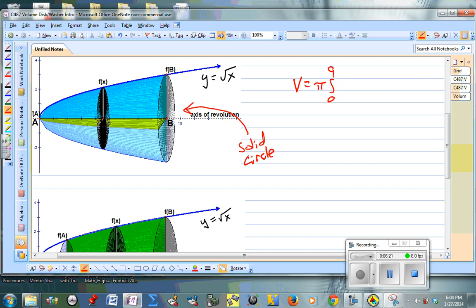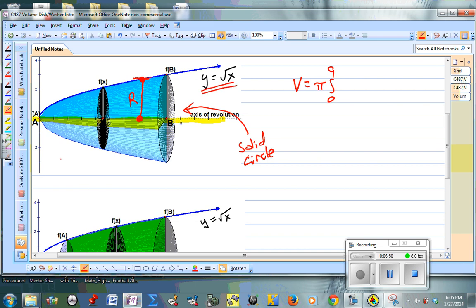Now in this case, how do you define the radius? One way to define the radius is to draw the radius segment from the axis of revolution to the far end of the shaded region. And again, the axis of revolution was given to us. It's labeled in the diagram. So now let's take a look. What's the top boundary of the radius segment? The top boundary of the radius segment is our function, y equals root x.